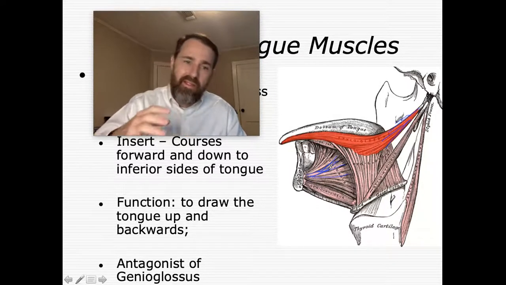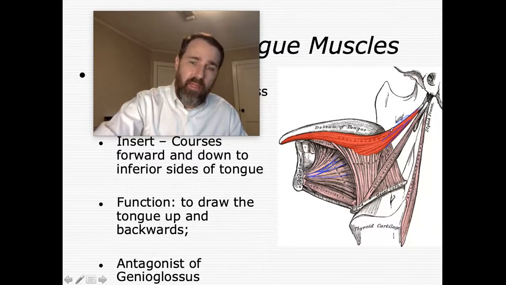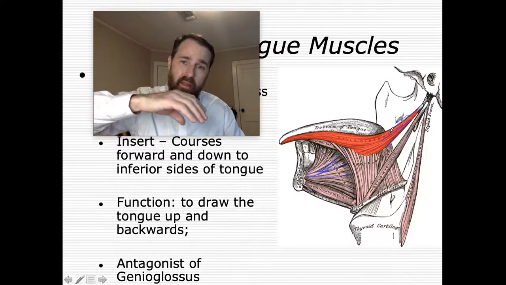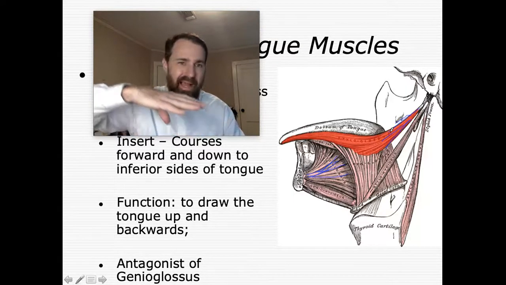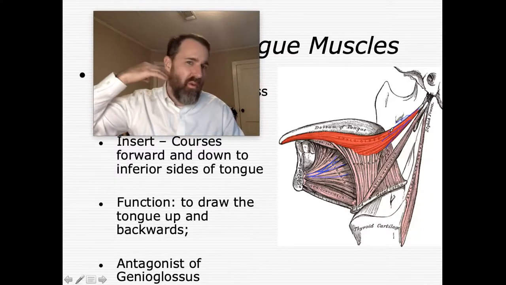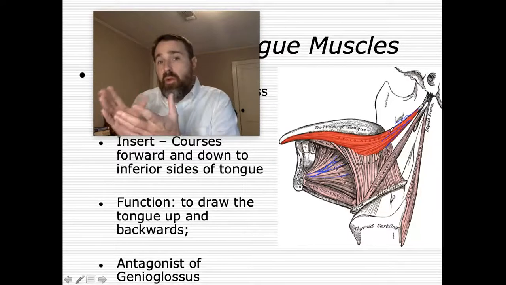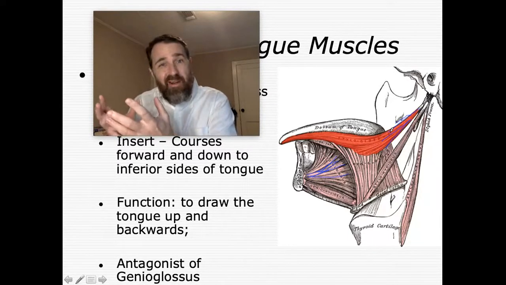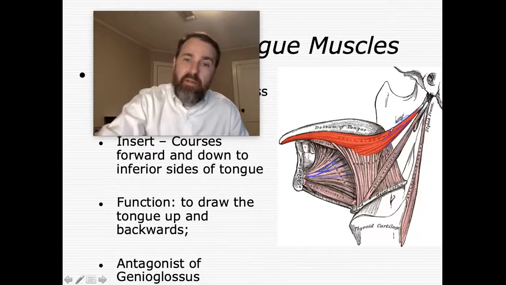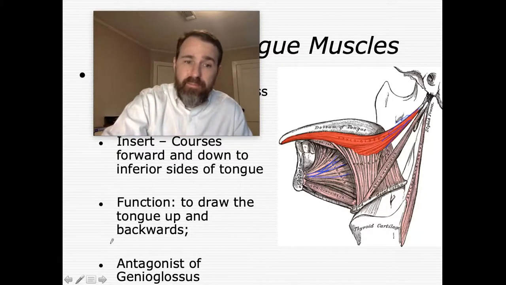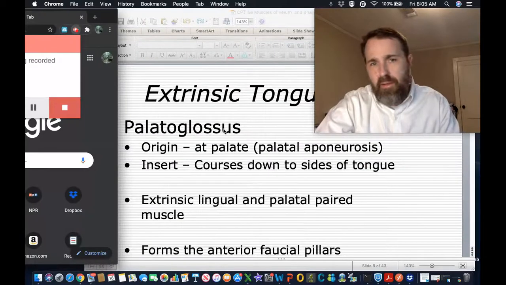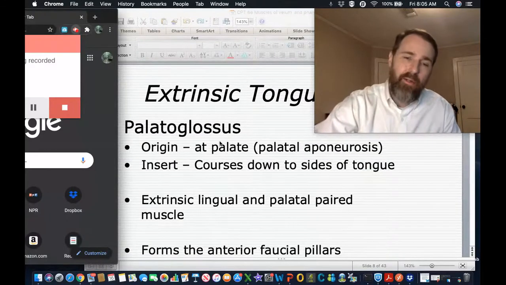So whereas the styloglossus is going to be responsible for pulling the tongue back and up in the oral cavity, you have some fibers of the genioglossus that are able to pull it in the exact opposite direction, forward and down.